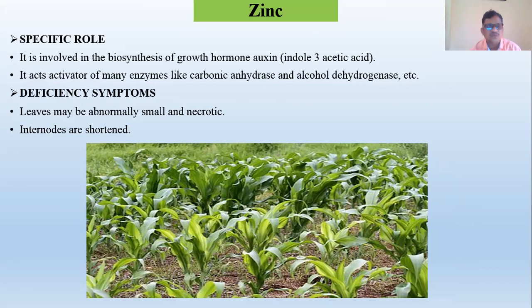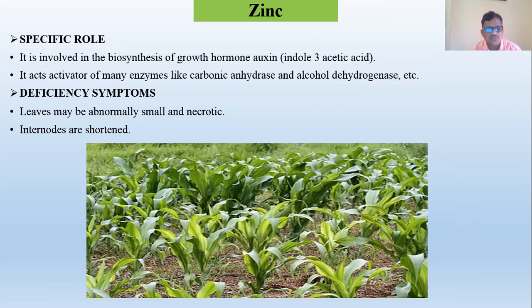The specific role of zinc is that it is involved in the biosynthesis of the growth hormone auxin, indole 3 acetic acid. What the growth regulators are, we will discuss in our next lecture, but for now just remember that auxins are a group of growth hormones, and these auxins require zinc for their biosynthesis.